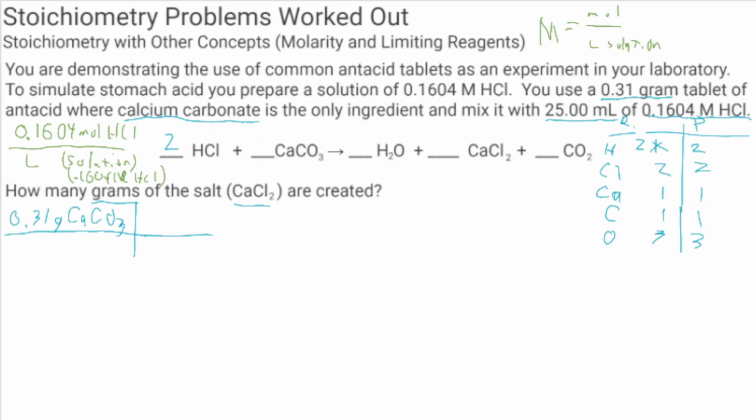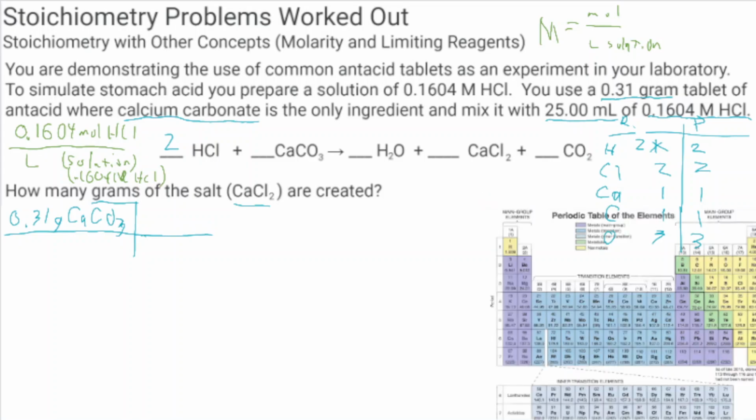So we can look at our periodic table. We're going to be looking at the calcium right here, this 40.08. We're going to add that to carbon, 12.01, and then add that to our oxygen. We have 3 of those, so we're going to do 16.00 multiplied by 3 and add all those together.